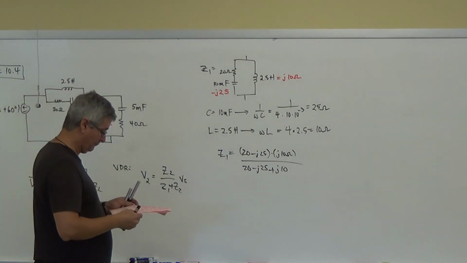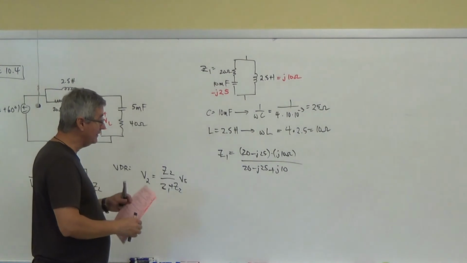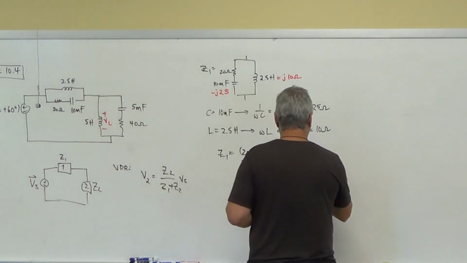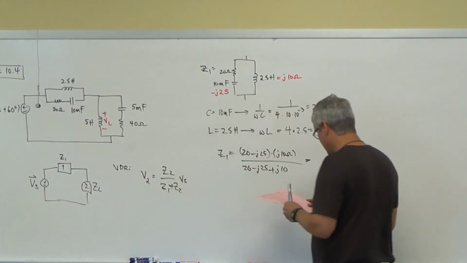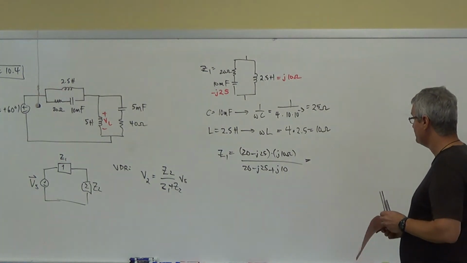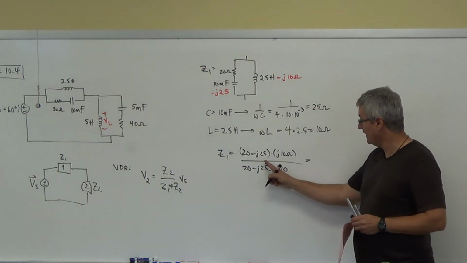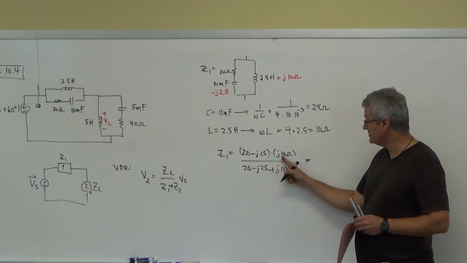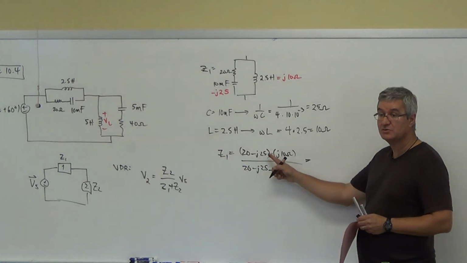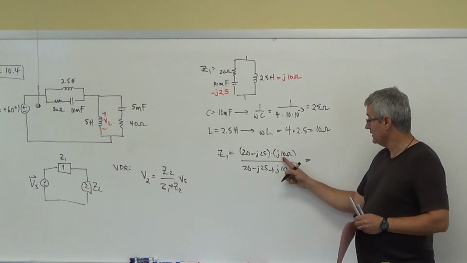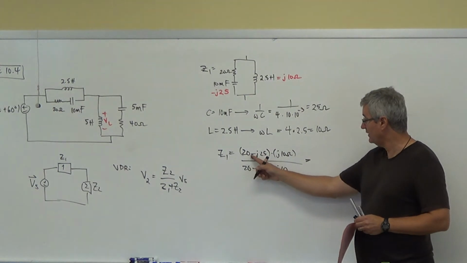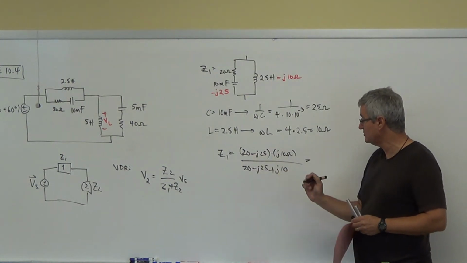Now, if you clean this up, if I start to multiply this out, you can see that minus J times J gives me 250. J times 20, 10 times 20 gives me 200.